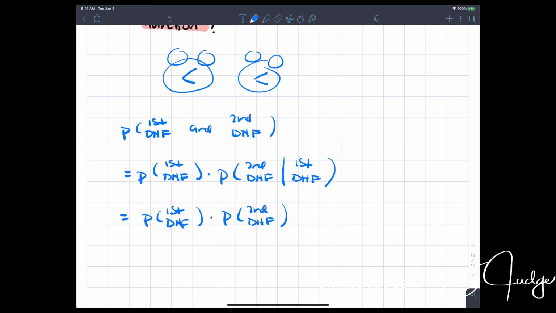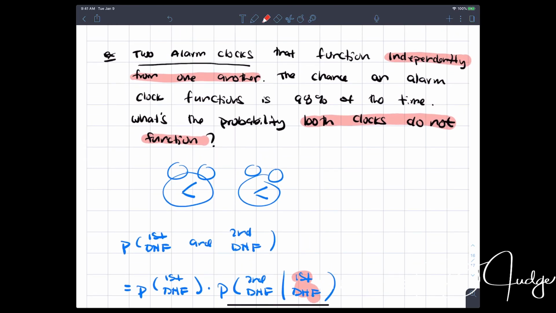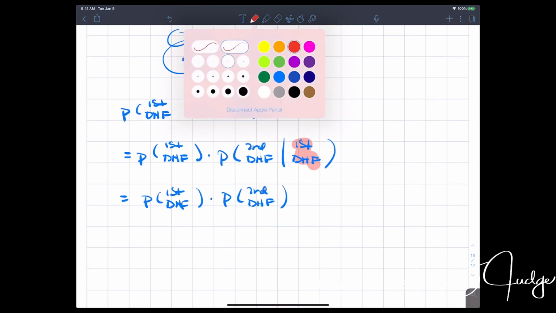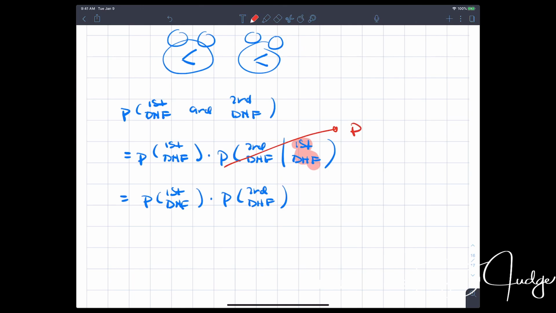Does anybody know why I got rid of the condition? Why don't I care at all about this? Because these events again are, here's a key phrase, independent. They're independent. So this chance is simply the probability of not functioning. We're almost finishing the question here.